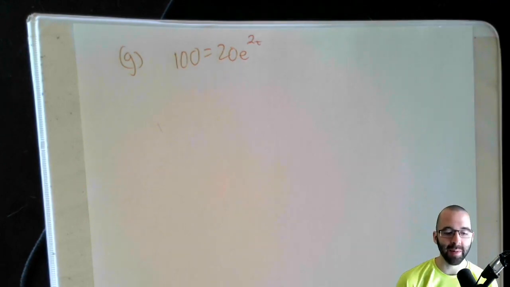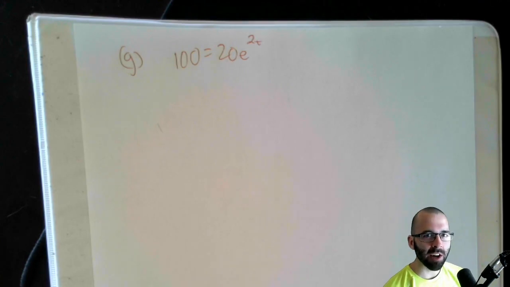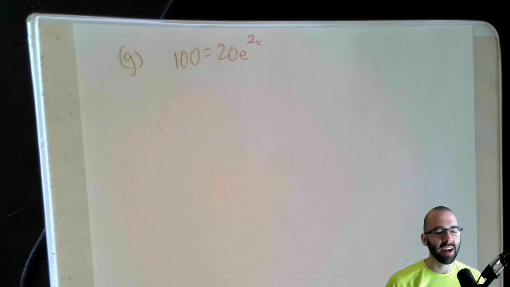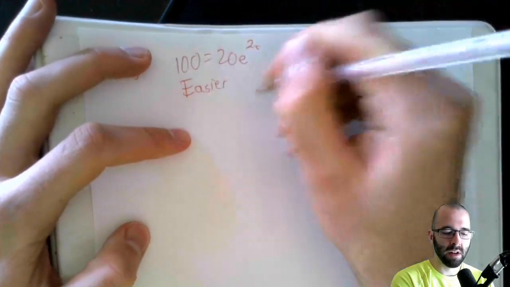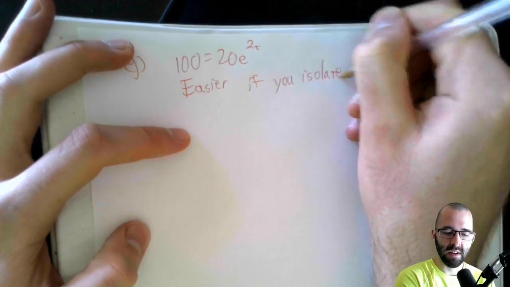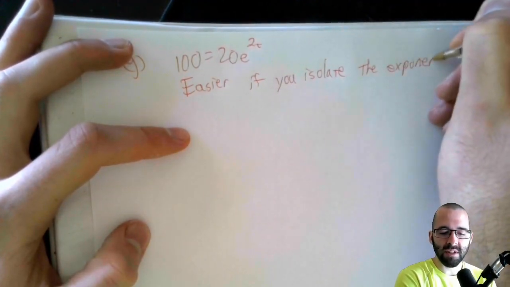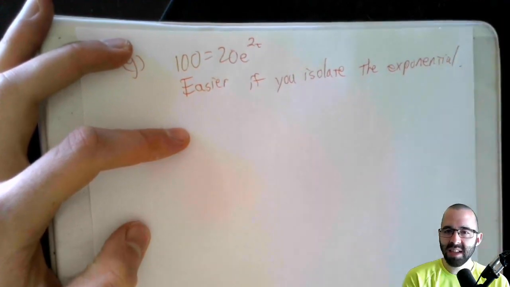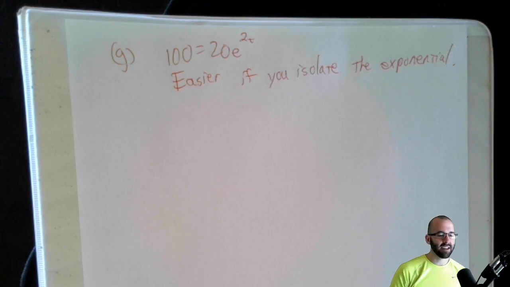And if you love logarithmic properties, be my guest. But it's a bit easier if you isolate the exponential first. And again, we say this all the time, and by we, I mean me. Isolate, right?